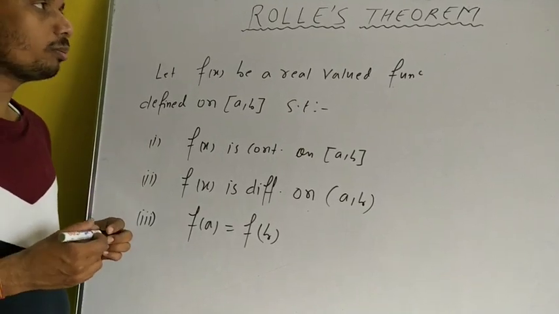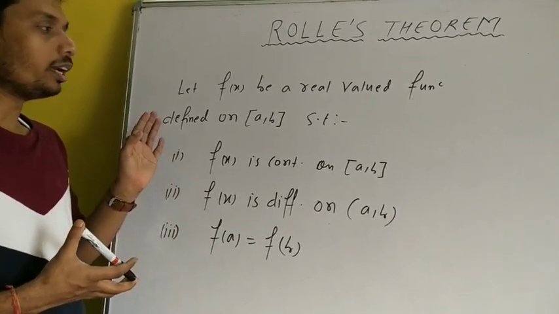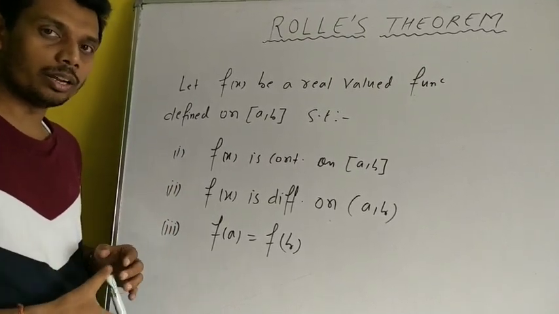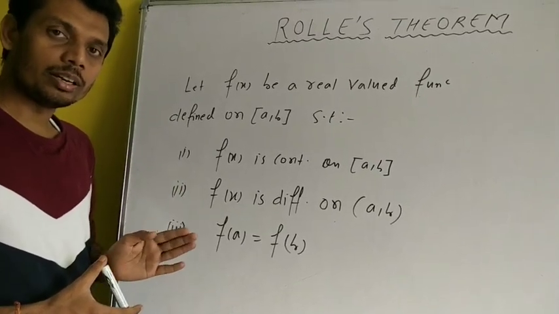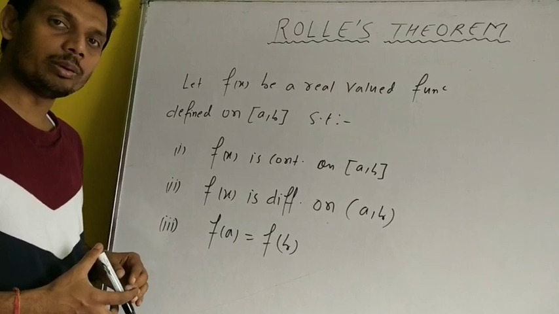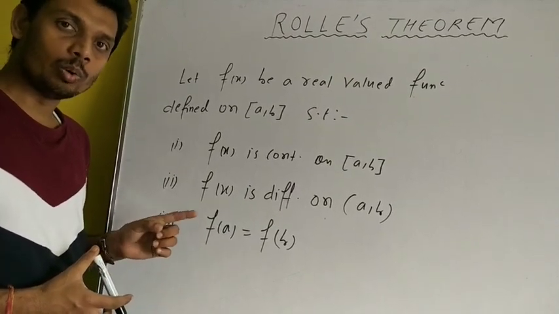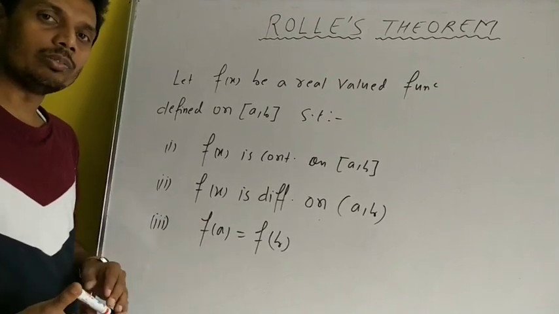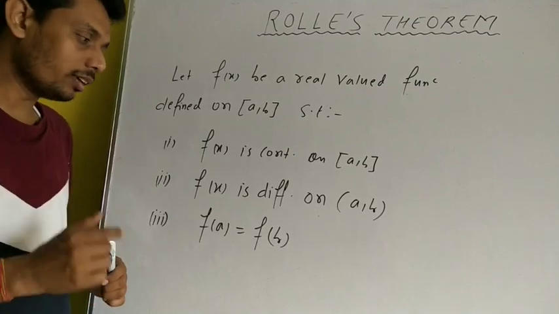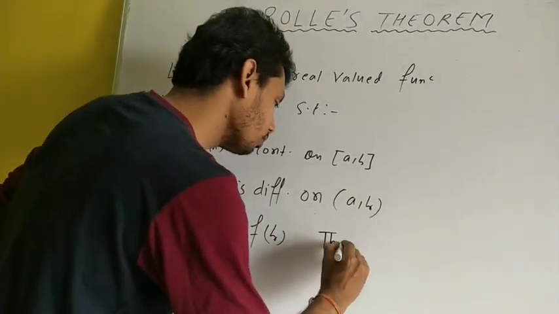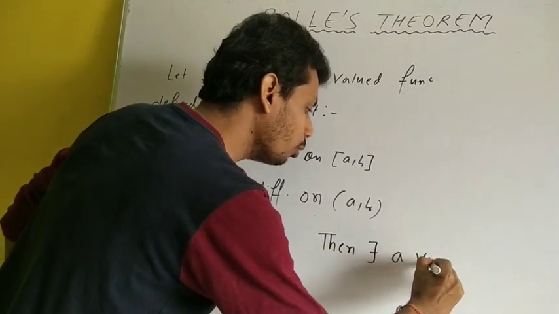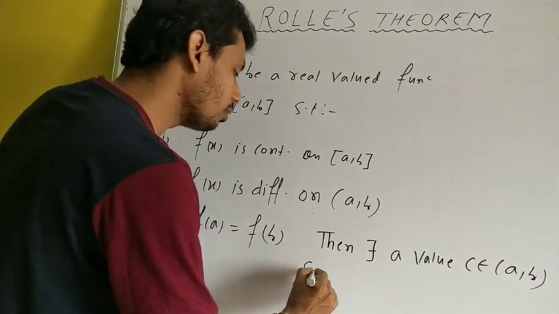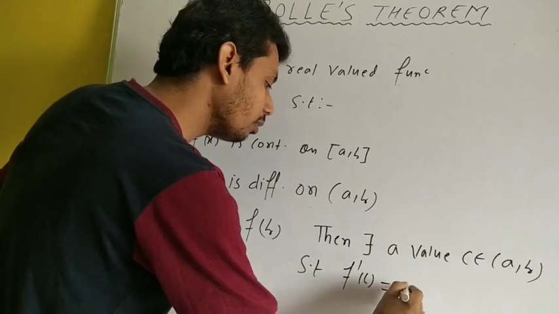Rolle's theorem states that if f(x) is any real valued function defined on a closed interval [a, b] in such a manner that f(x) is continuous in the closed interval [a, b], it is differentiable in the open interval (a, b), and f(a) and f(b) are equal to each other, then there exists a value c belonging to the open interval (a, b) such that f'(c) is equal to 0.